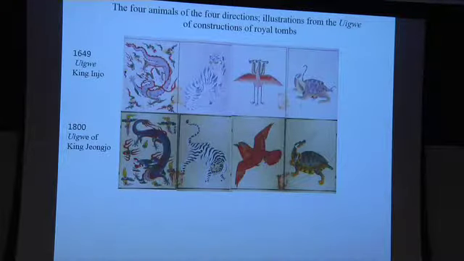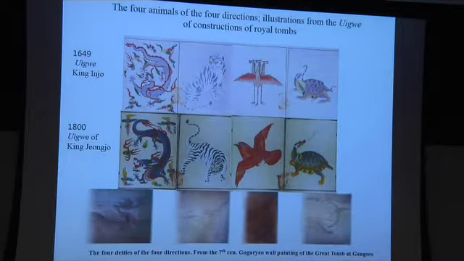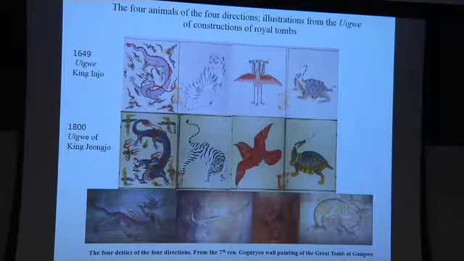And so you know about the 4 deities, like the Goguryeo period, the painting. So these 4 animals or deities of the Goguryeo period got changed a great deal in form and style. King Injo's tomb and King Jeongjo's tomb.